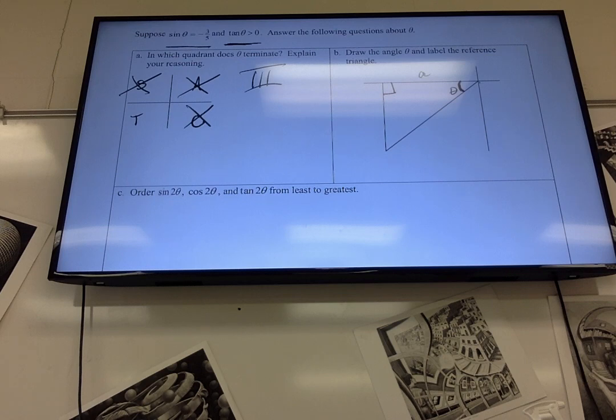Let me label these sides. Which one is the 3? B. B, the opposite. And since it's going down, I went ahead and called it negative 3. Which one is the 5? Yeah, it's opposite over hypotenuse, and the hypotenuse is across from the right angle, so it should be C. So does that make it A? 4. Yeah. And is it positive or negative? Negative. Negative because it's going to the left.